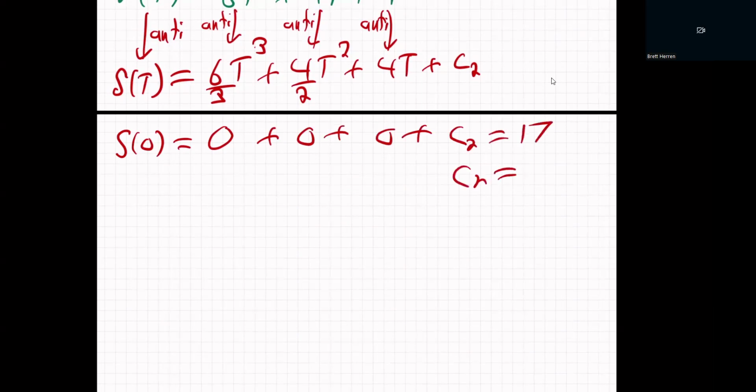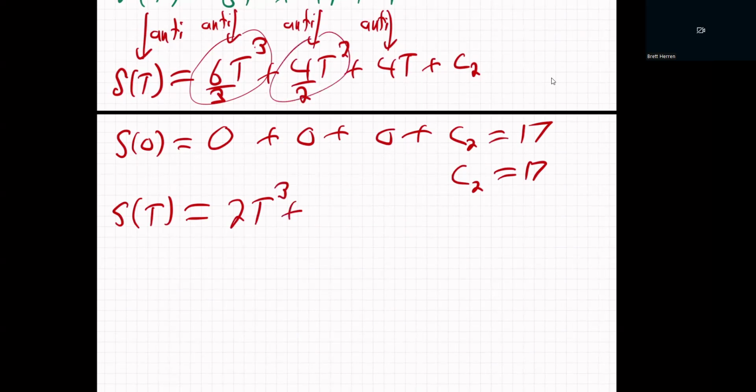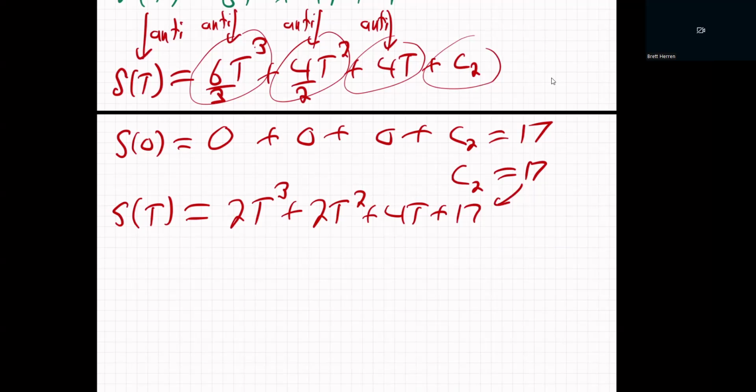So constant 2 must be 17. So now I've got the position equation complete. 6 over 3, that's 2t cubed, plus 4 over 2, that's 2t squared, plus 4t, plus constant 2, which I now know is 17. So I've got the position equation.